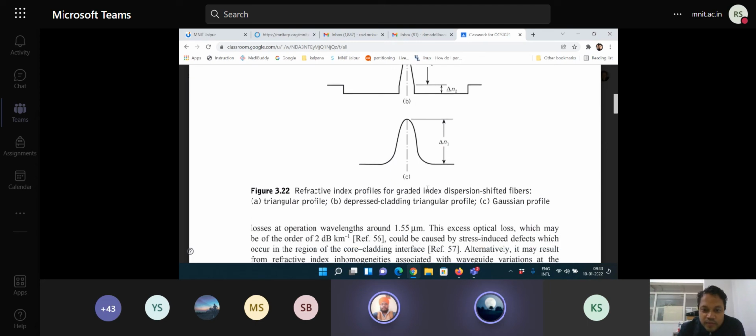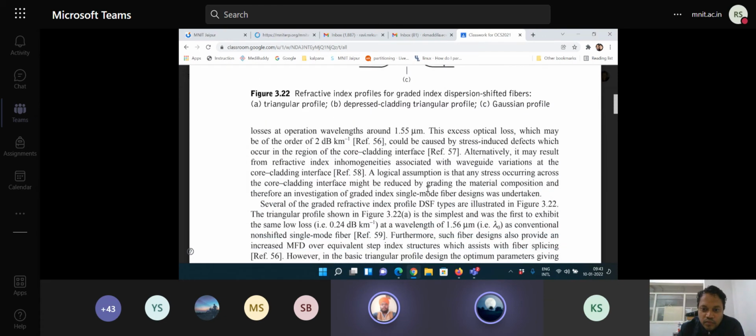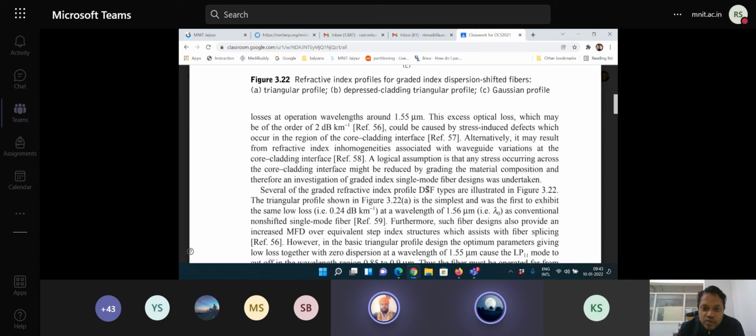So all these three different structures can give rise to dispersion shifted fibers. So you should keep in mind that the dispersion shifted fiber is different in structure from the standard single mode fiber.